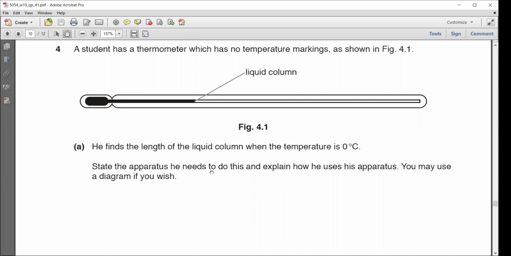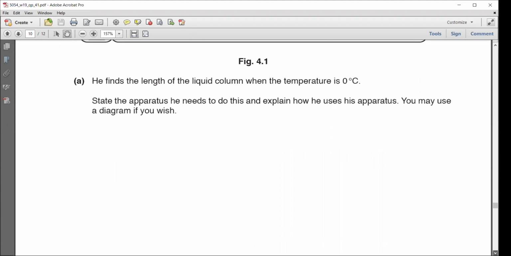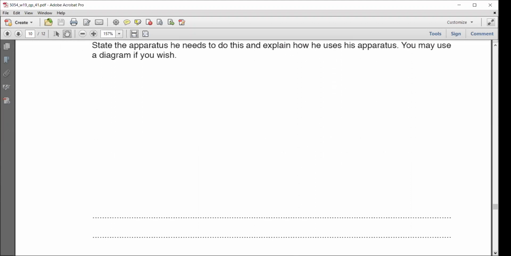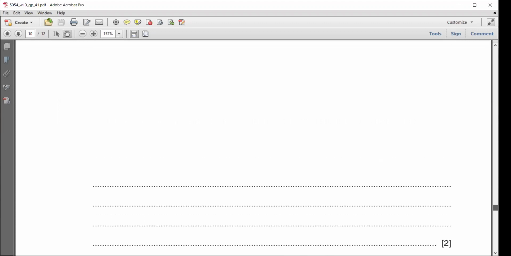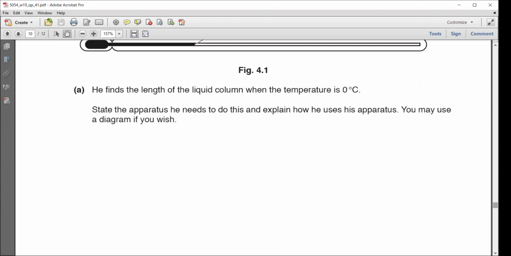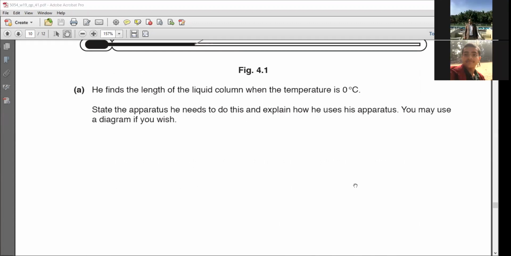And now the other part of the question. Here we have 2 marks. If you only say that it is melting ice, that's not enough. Here we have to explain a little bit, right?